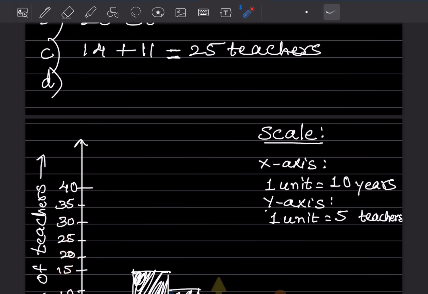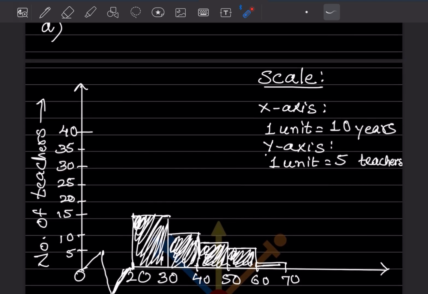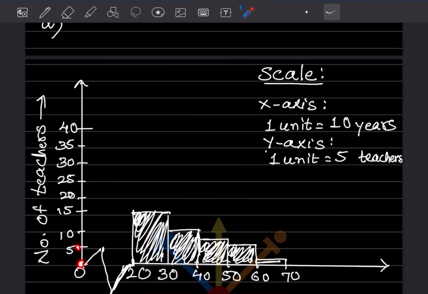So I made it here, and these are the extra numbers. Starting from 0, equally they are 5. Now you can see the first difference is 20, and from here onwards it's 10. So this is extra, from 0 to 20 means this is 20 and these are our 10.